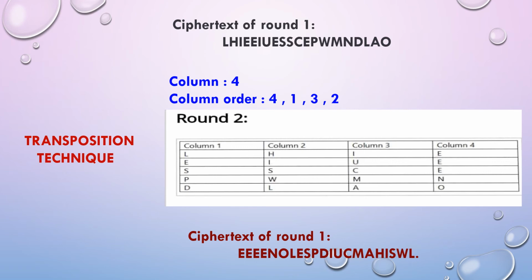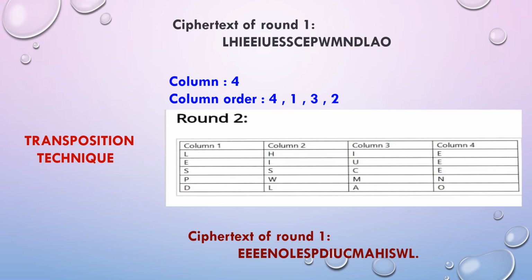Now decide the column order for reading the message. Let us assume 4, 1, 3, 2 is the order. Now read the message in a column manner using the decided order. The first column contains the alphabet LESPD.